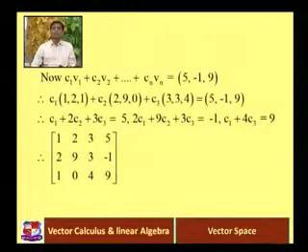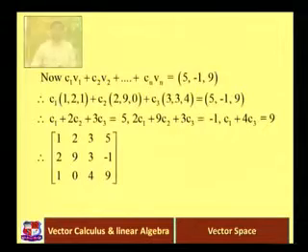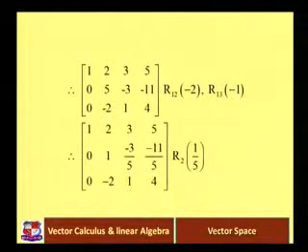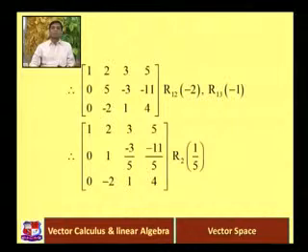We convert this matrix into row echelon form. We multiply the first row by -2 and add it to the second row. We multiply the first row by -1 and add it to the third row. So the matrix is (1, 2, 3 | 5), (0, 5, -3 | -11), (0, -2, 1 | 4). The first element of the second row and the first element of the third row both become 0.